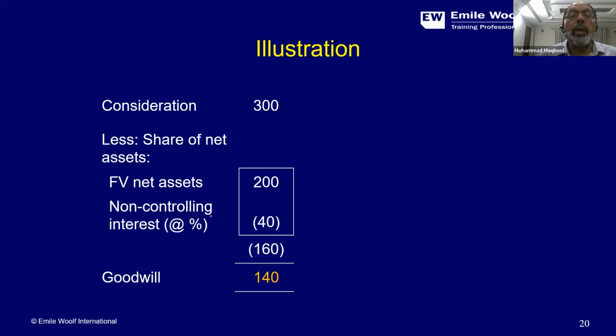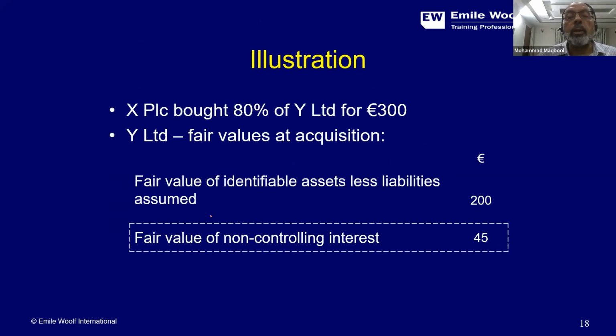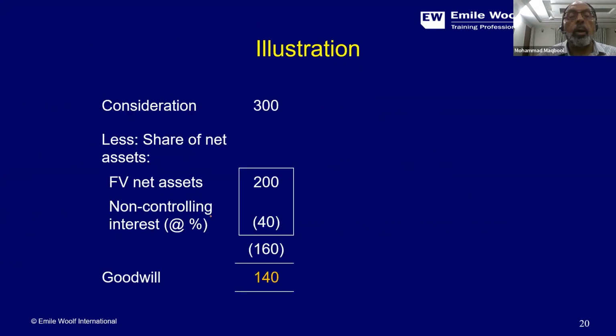Like here, if you have a consideration of 300, continue with my example. 300, we acquired 80%. That's the cost of investment, then the fair value of net assets is 200, and 20% is the non-controlling interest of that, because we are not working on the value of the non-controlling interest on a fair value basis. Rather, we are taking the proportionate share of the fair value of net assets at the date of acquisition.